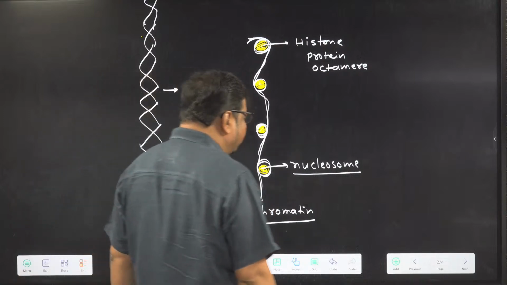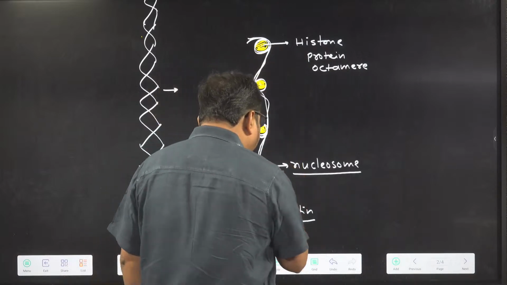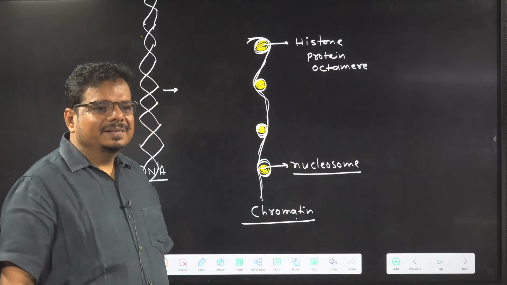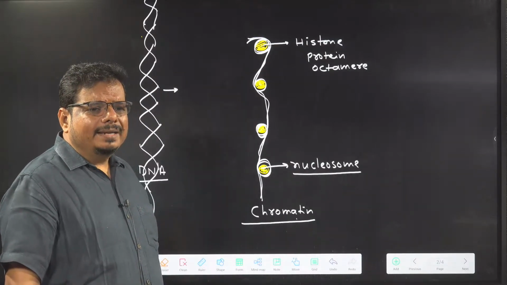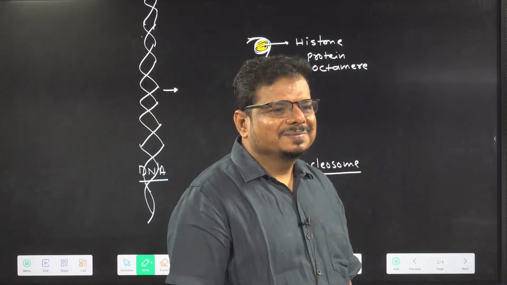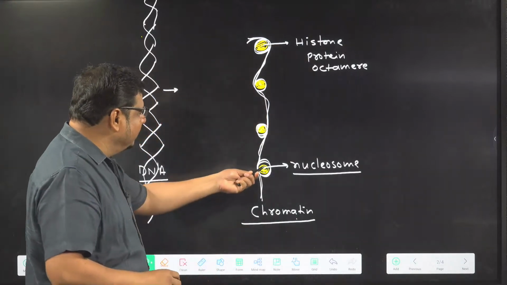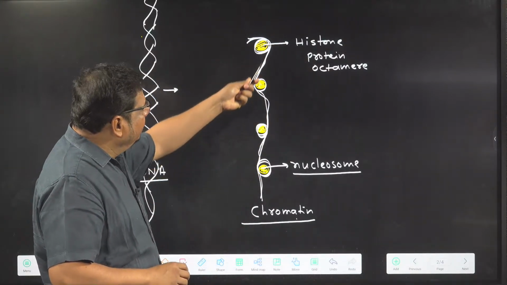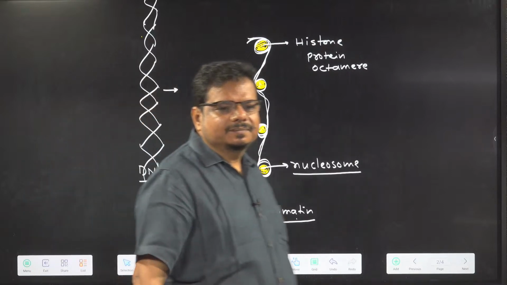So can I say that many nucleosomes together form a chromatin? Can I say chromatin is made up of a repeating unit of nucleosome? Yes, na? Many nucleosomes are there. Repeating unit of nucleosome is going to form which one? Chromatin.